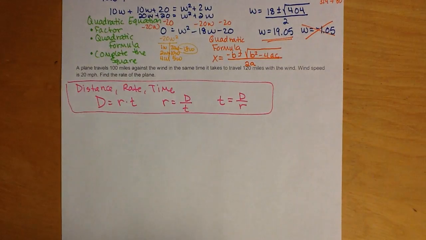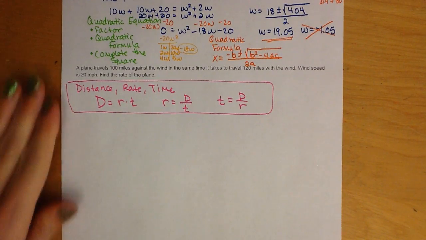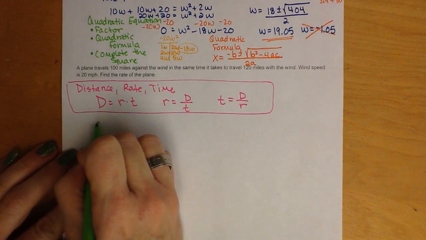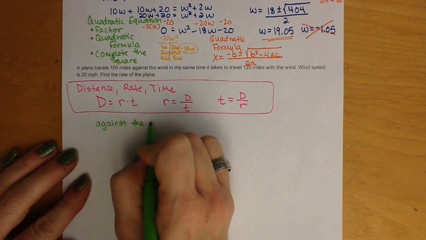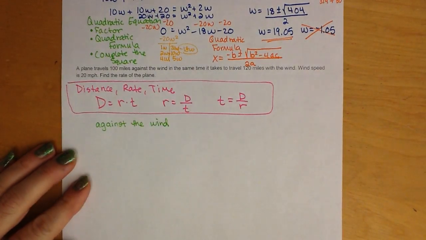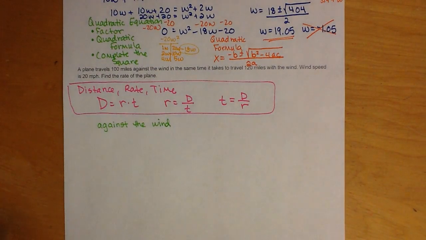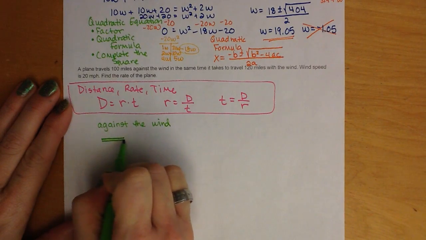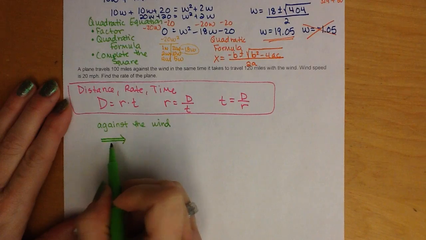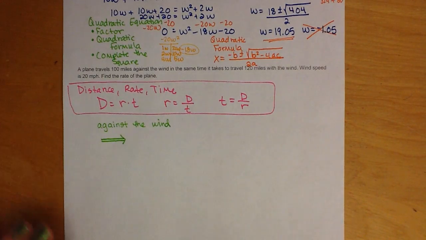In this particular problem, we have a plane that is flying against the wind and then with the wind. So what happens in that situation, if we're flying against the wind, then we have our plane going one direction, which is going to be faster than the wind.